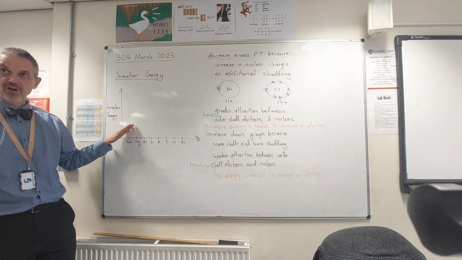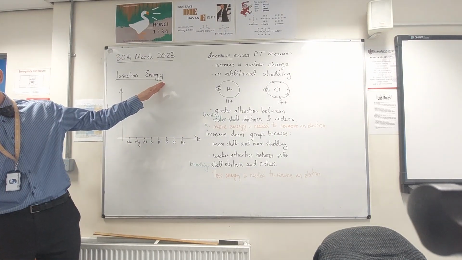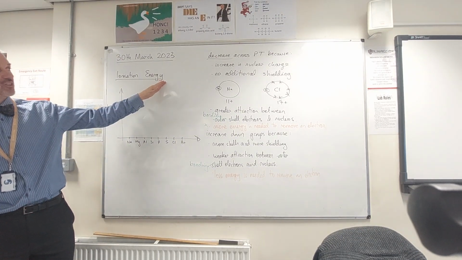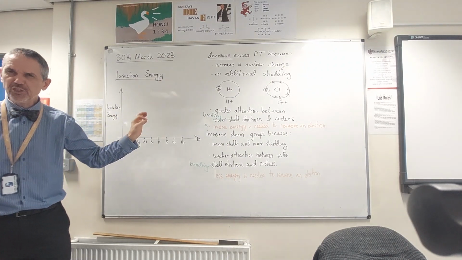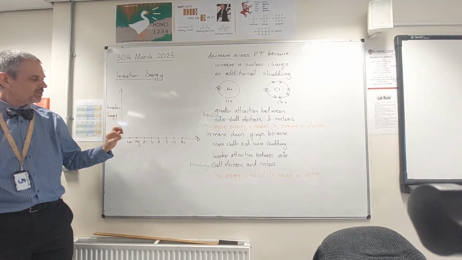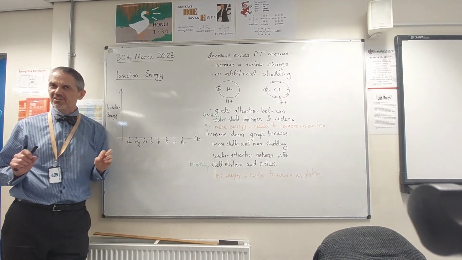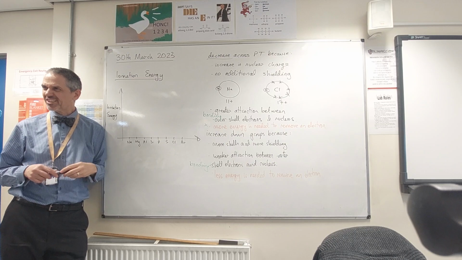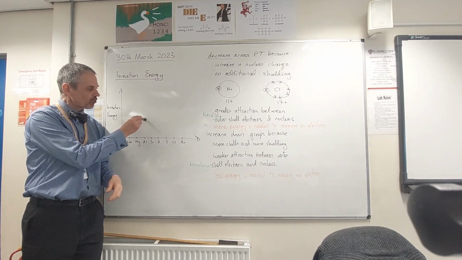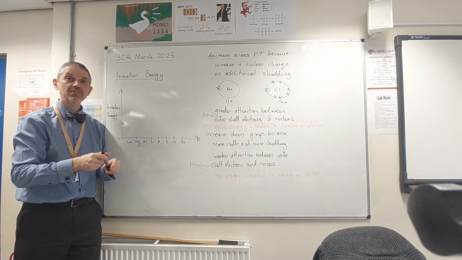So I'd expect my graph to go up as we go across the periodic table. Well, it's going to go up, but it doesn't go up uniformly. Which 2 elements don't stick with that trend? Which 2 elements kind of stick out when I'm drawing my points?